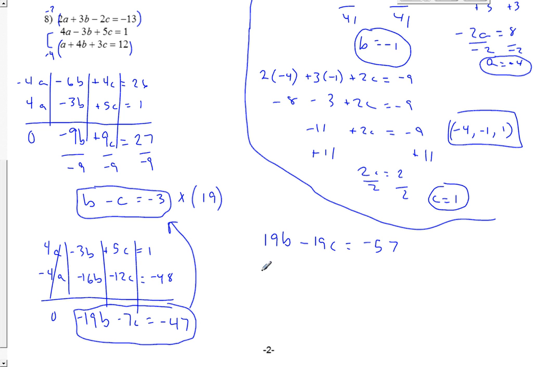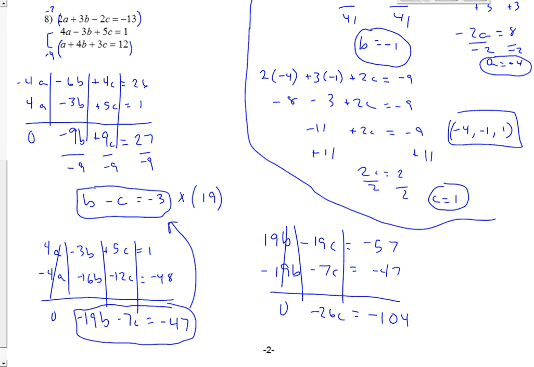And then this equation is negative 19b minus 7c equals negative 47. When I add these together, my b terms will cancel. I will get negative 26c equals negative 104. When I divide by negative 26, I get c equals 4.